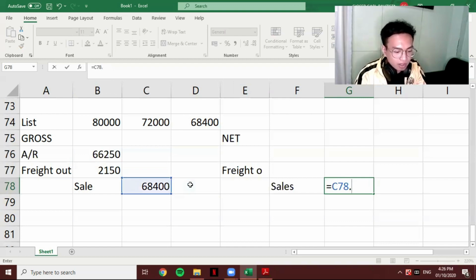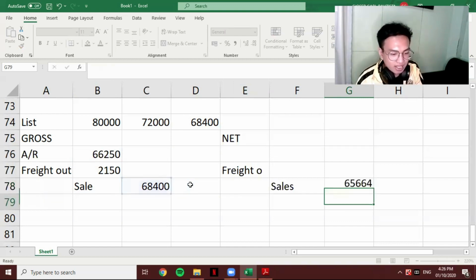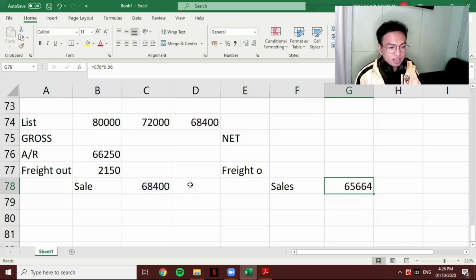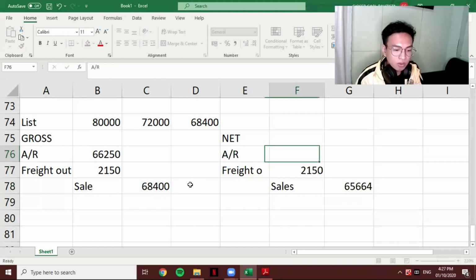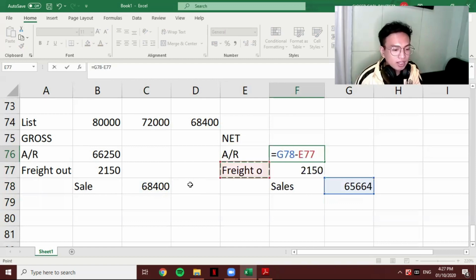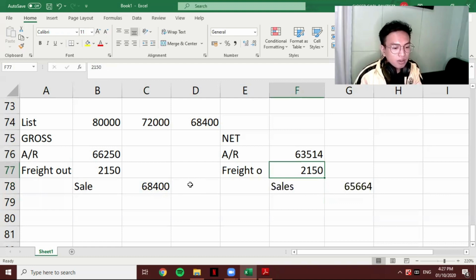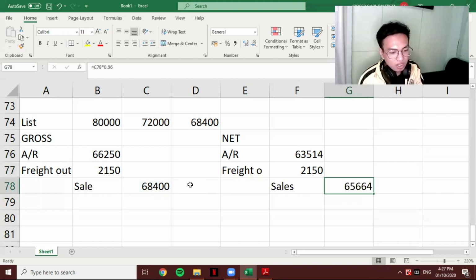Let's just have times 0.96. 65,664. Our freight out is still 2,150. Hindi yan magbabago. So our AR from our customer will only be how much? 63,514. That is because, yun nga, we assumed na meron na tayong binigay sa kanilang sales discount even though di pa sila nagbabayad.